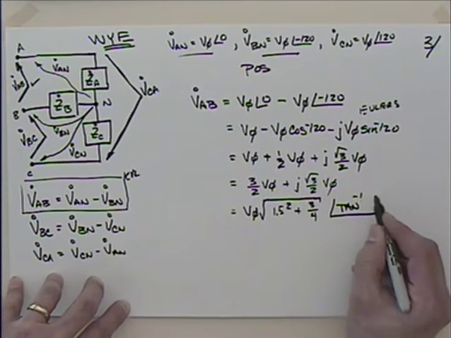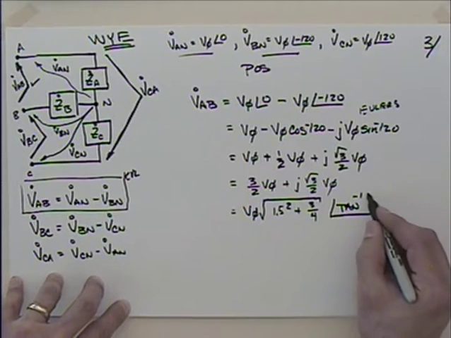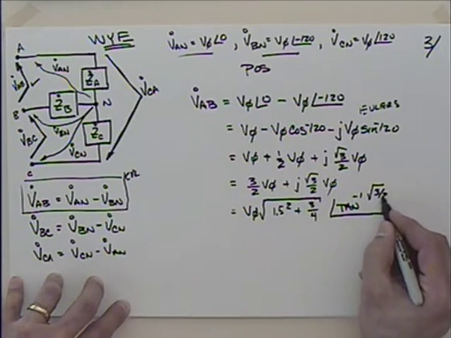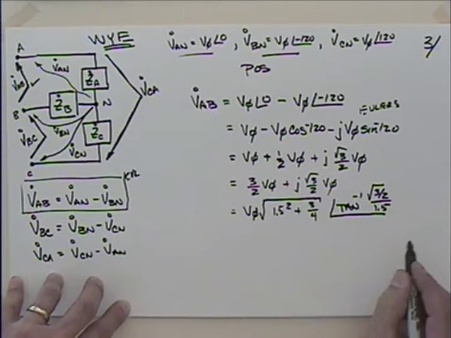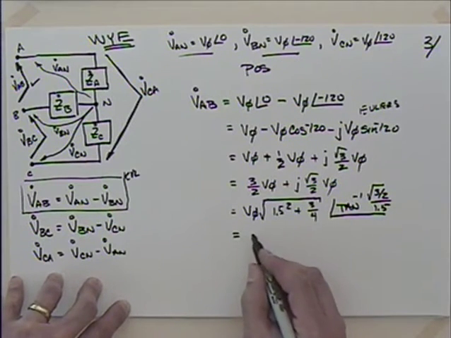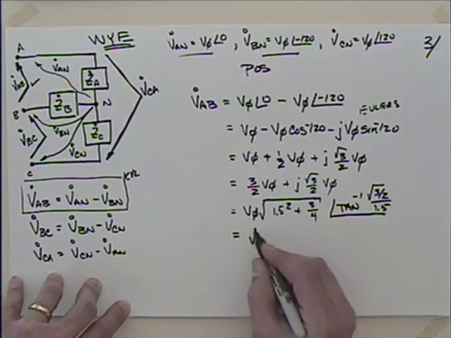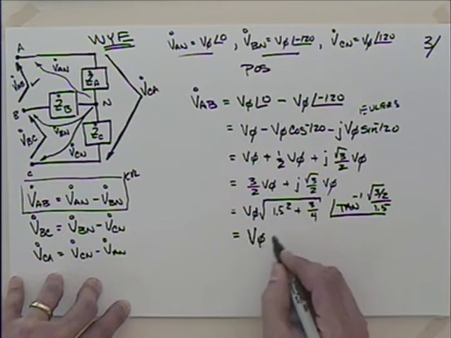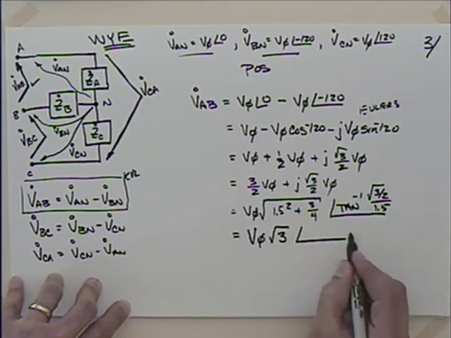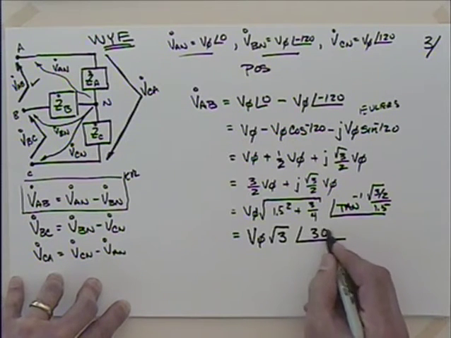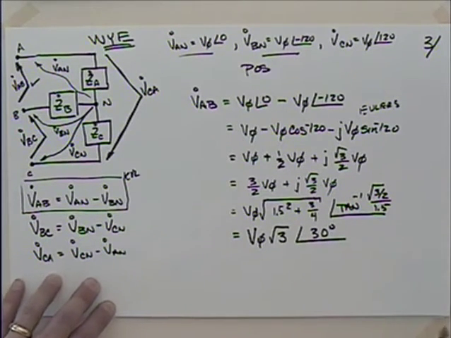The arctan of square root of 3 over 2 divided by 1.5, right? And when you go through this, this turns out to be equal to V phi times the square root of 3 at an angle of 30 degrees.